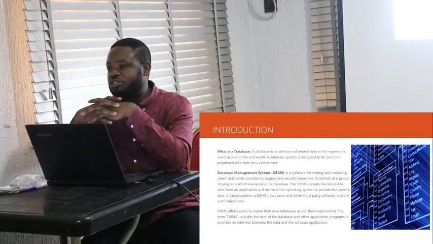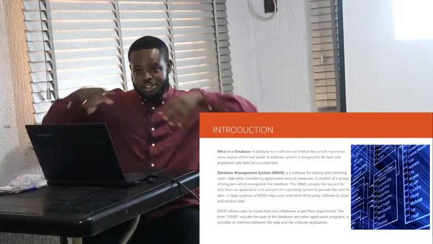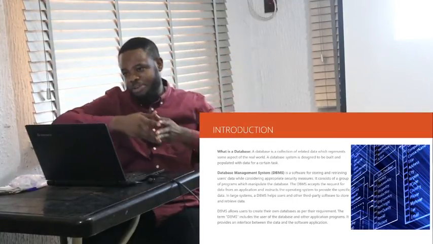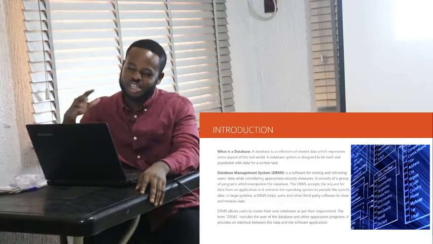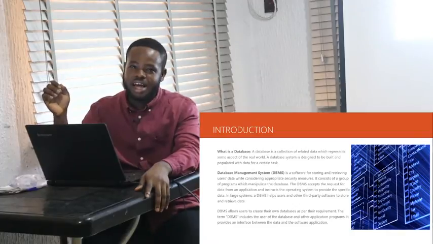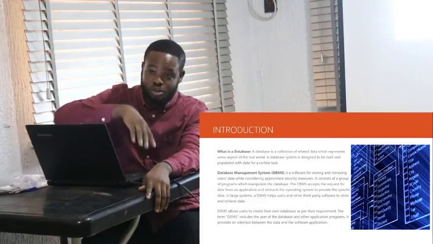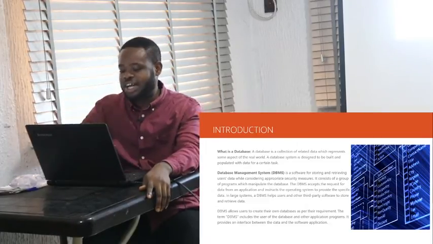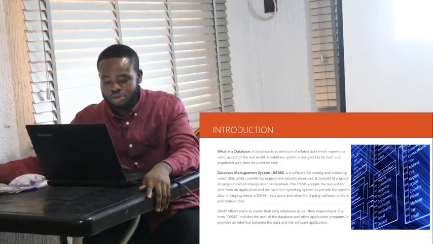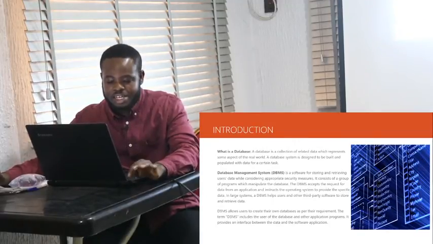For example, if you want information for a particular location, probably Abeokuta, through SQL in your database, you can write a query, and among all the data you have, it will bring out that of Lagos or Abeokuta, whichever one you want. And even if you want to select those that are male, or those that are female, you'll be able to do that. So this allows users to create their own database as per their requirements.